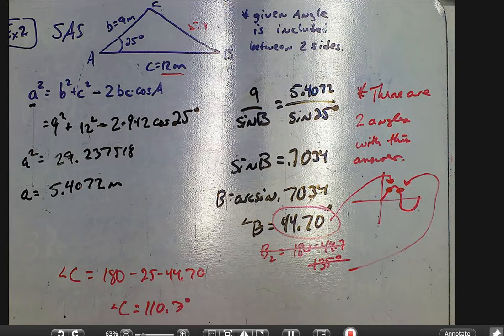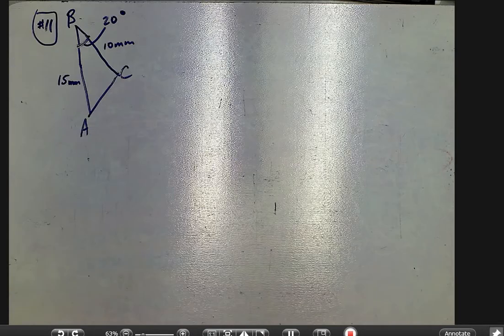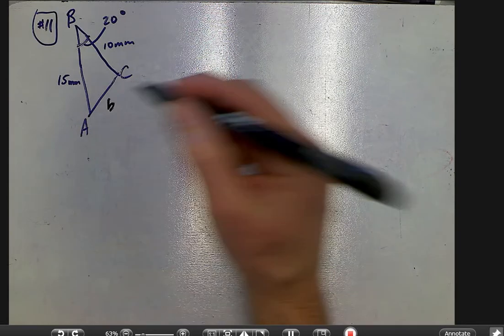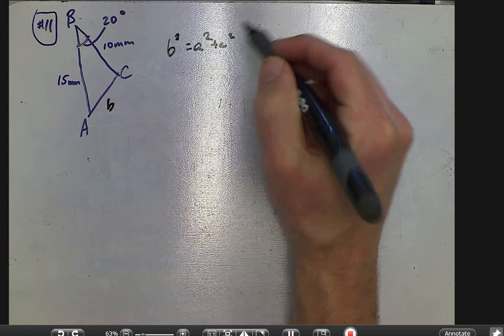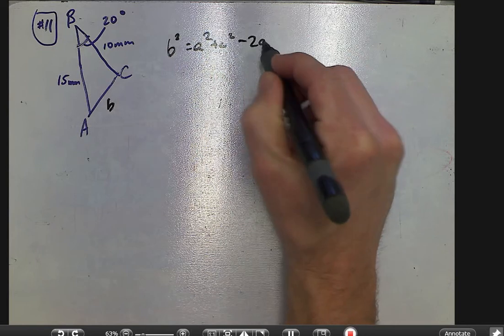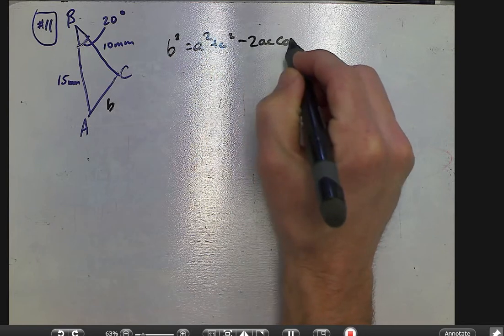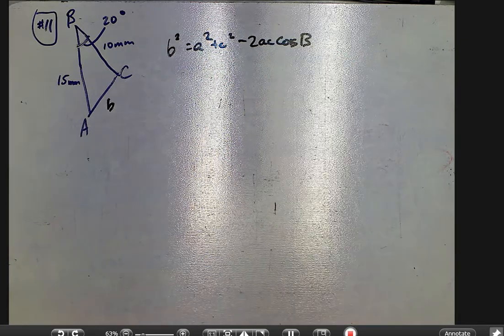All right. Go ahead and see if you can figure out number 11 here. All right, so for number 11, side B is the one you need, therefore it's B squared equals A squared plus C squared minus 2AC cosine of B. What I would tell you is anytime during this you feel like you need to look at something that's great, press pause to try to finish the problem.